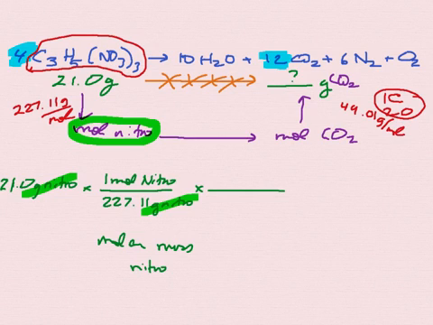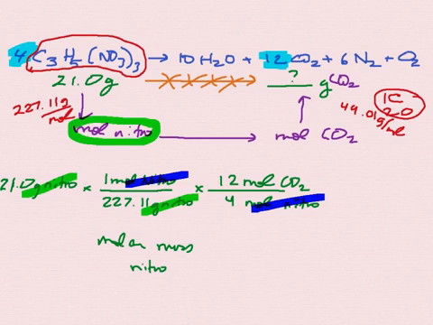Each fraction in your conversions is an arrow on your diagram. So for every 12 moles of CO2, which is what I want to find, 4 moles of nitro on the bottom. And they will cancel. Moles of nitro, moles of nitro.